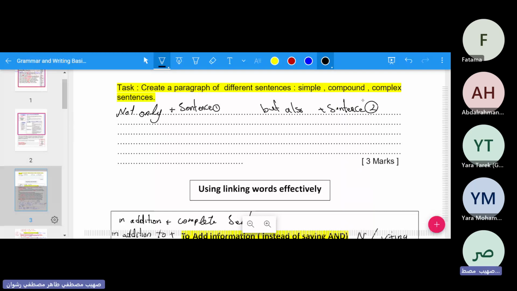Okay, look at this sentence, then decide.